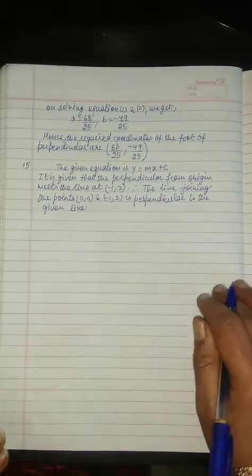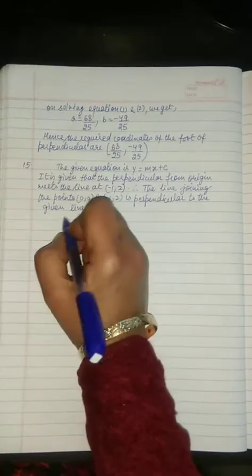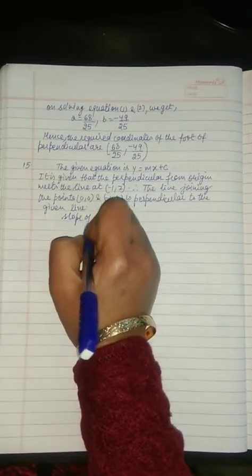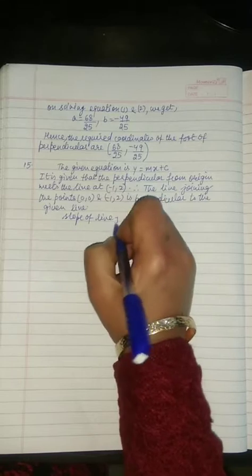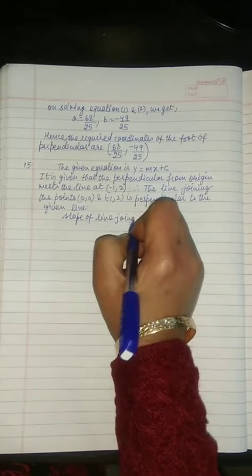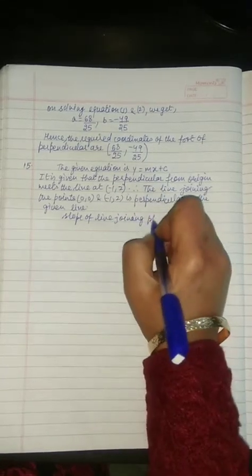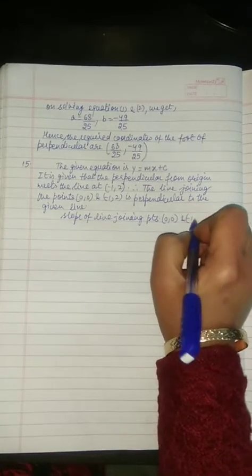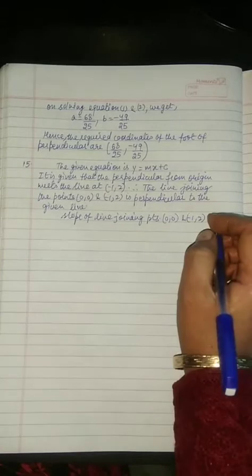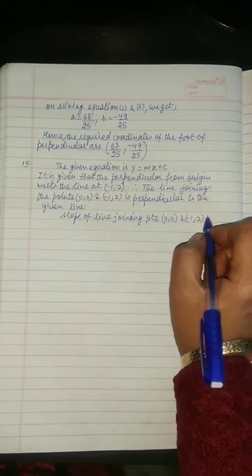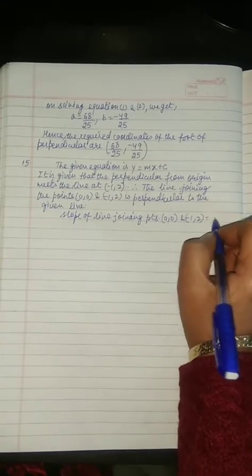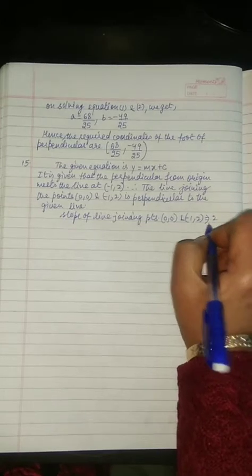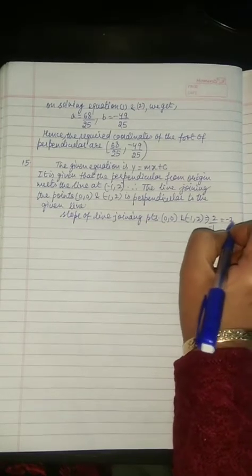Now we will first find the slope of the line joining the points 0, 0 and minus 1, 2. The slope will be 2 upon minus 1, that is minus 2.